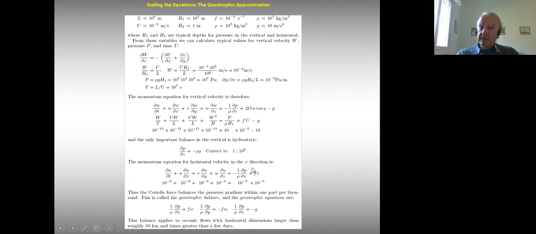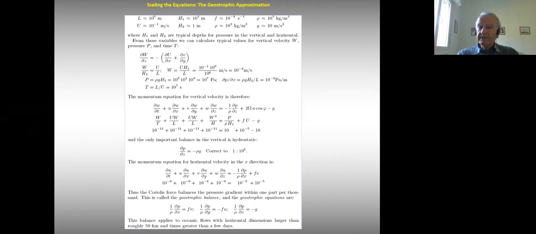On the other side, we have the pressure gradient force, which is 10 to the minus 5, and the Coriolis force is 10 to the minus 8. So you can see that all these terms on the left-hand side can be neglected with respect to the horizontal pressure gradient force and the Coriolis force, by a factor of 10 to the minus 3. This is a good assumption.